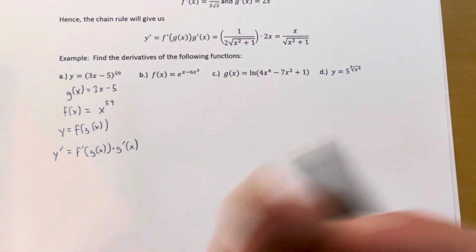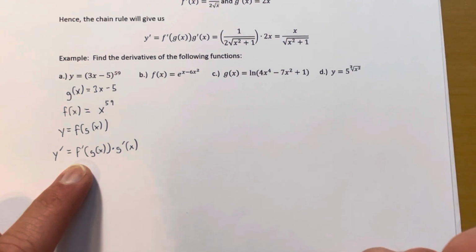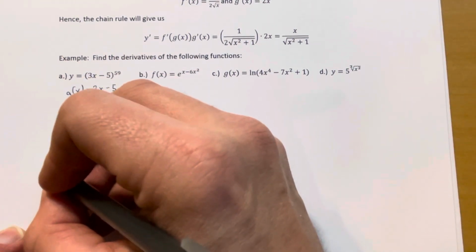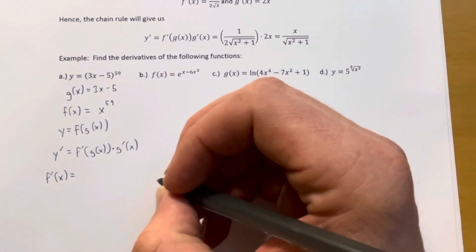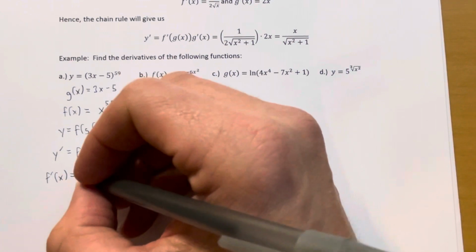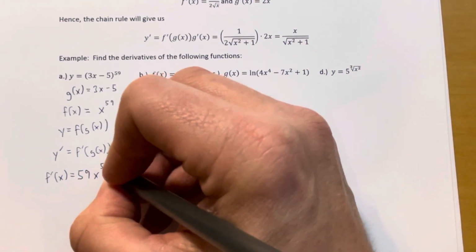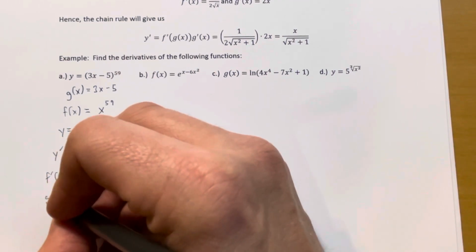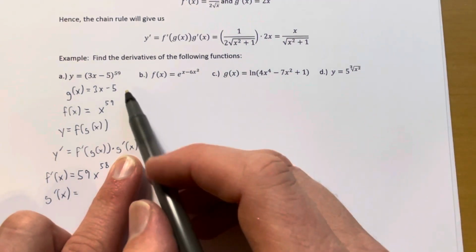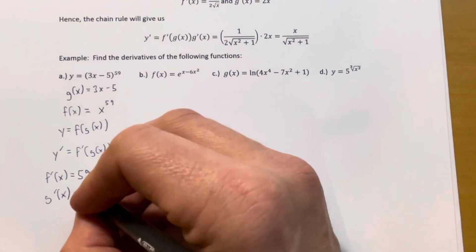At this point, I need to know what all of these things are, right? What is f prime? f prime is 59 times x to the 58th power. That's my power rule. And what is g prime? Well, g prime is just 3, because if I take the derivative of this, all I get is 3.